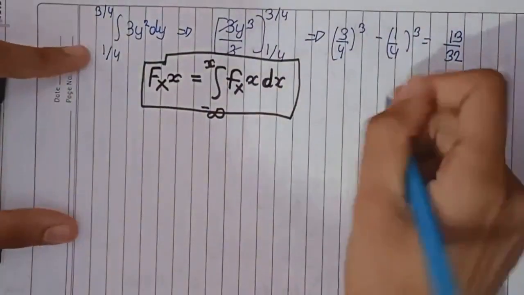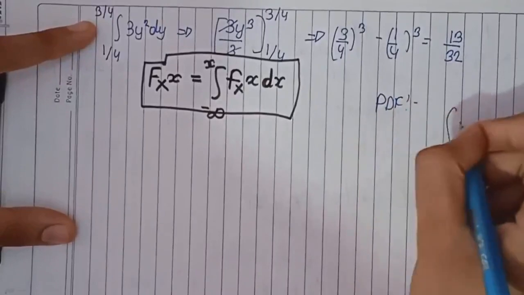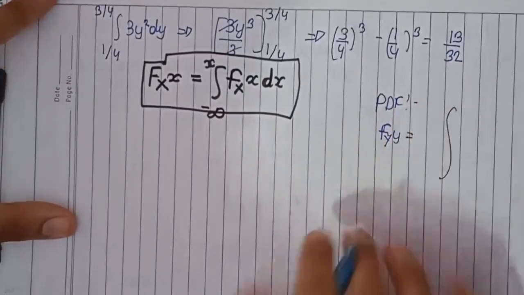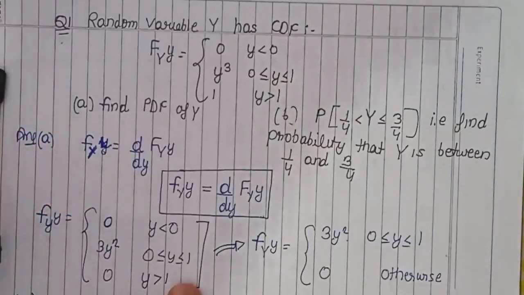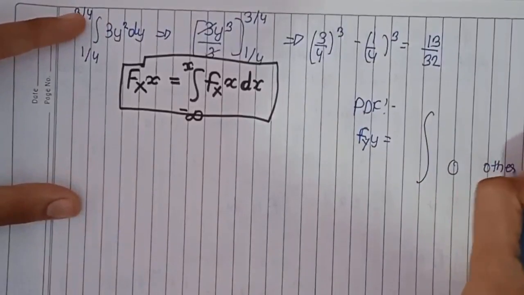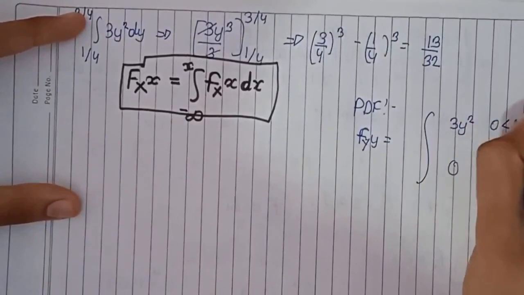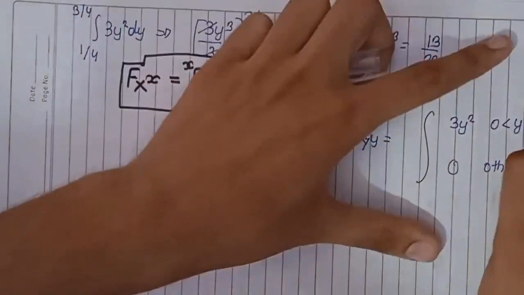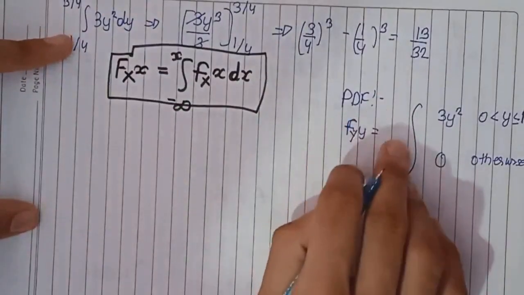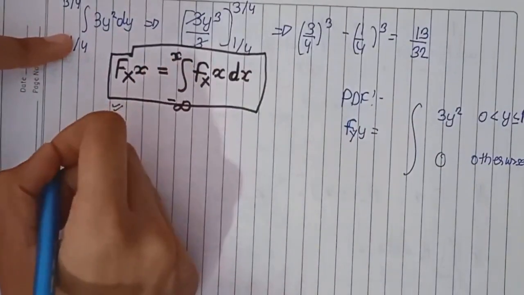The PDF that we have got in this example is 0 for all other cases and 3y square for the range 0 to 1. Now if we want to get the CDF from this PDF, then we need to use this property.